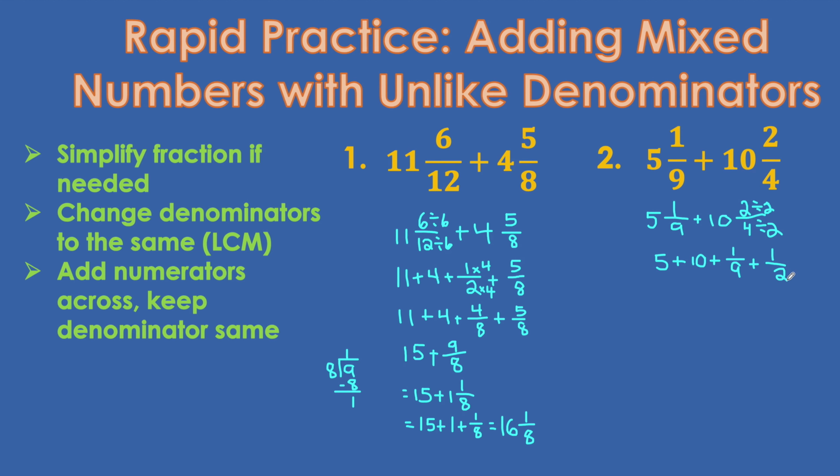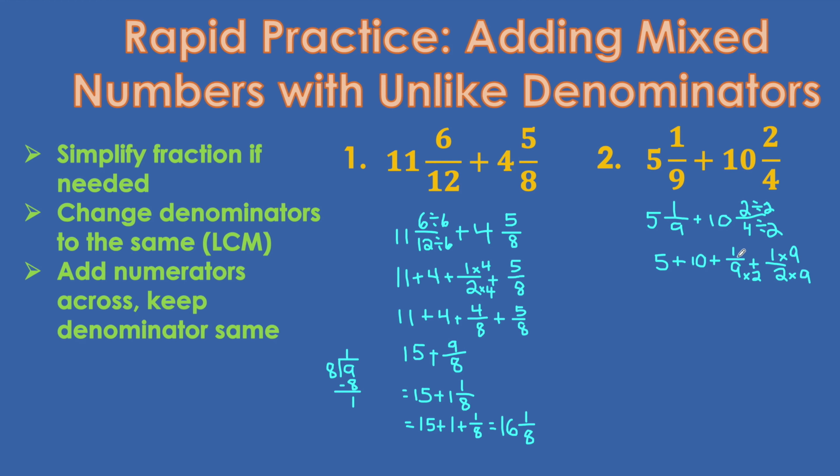Now find the least common multiple between 2 and 9, which would be 18. Multiply the denominator of the second fraction by 9. Whatever you do to the bottom, you do to the top. And multiply the 9 denominator of the first fraction by 2.